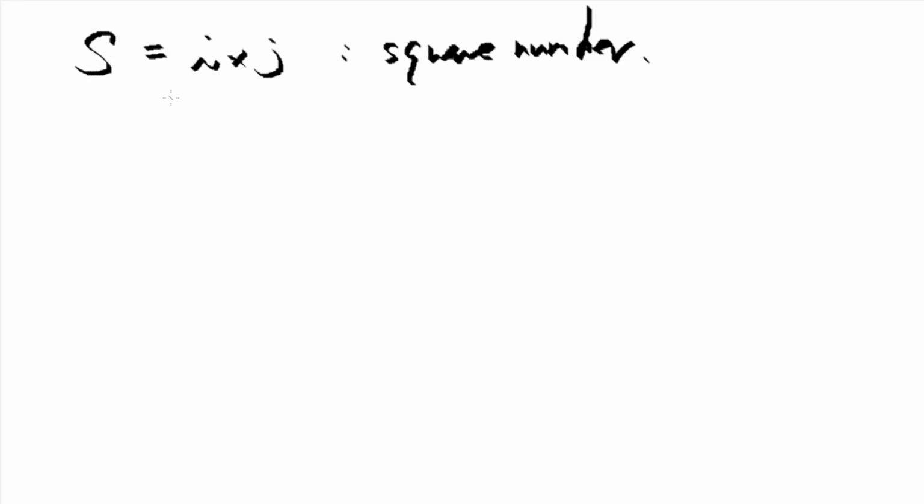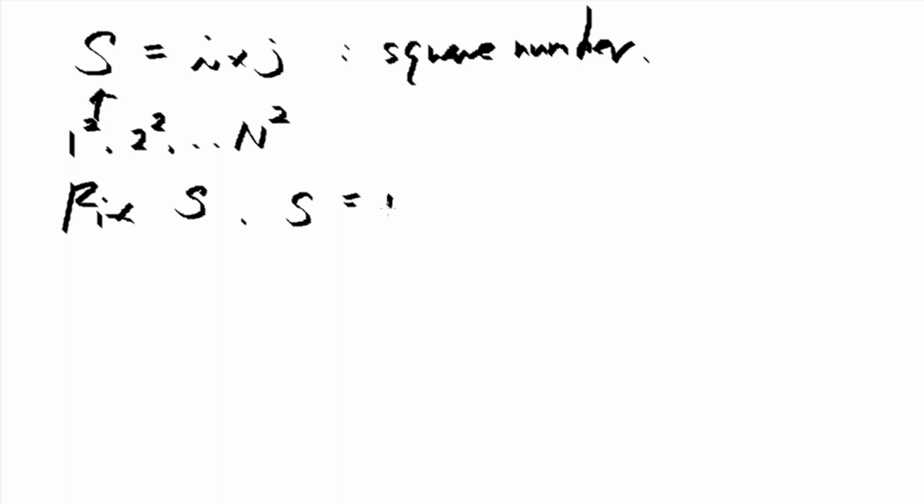Since i and j are between 1 and n, S has n ways, from 1 squared to n squared. So fix S and let S equal m squared for some m.